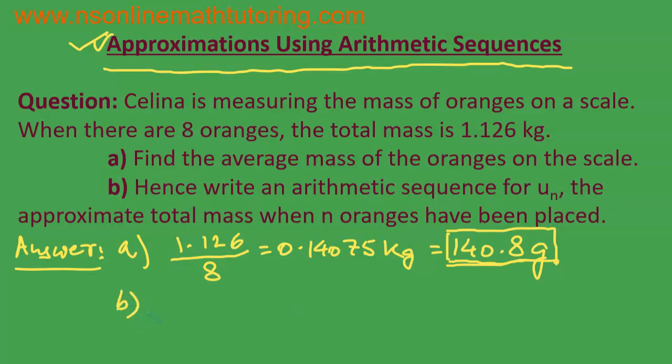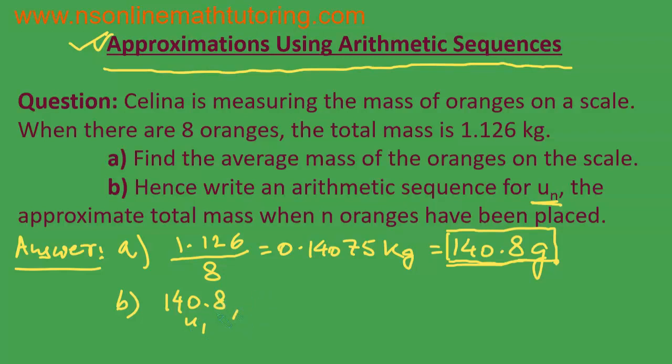The subpart B. Hence, write an arithmetic sequence for UN, the approximate total mass when n oranges have been placed. UN, you know that UN is the nth term. So they are forming an arithmetic sequence which is having the mass of the first orange as 140.8. This is U1. What will be U2?